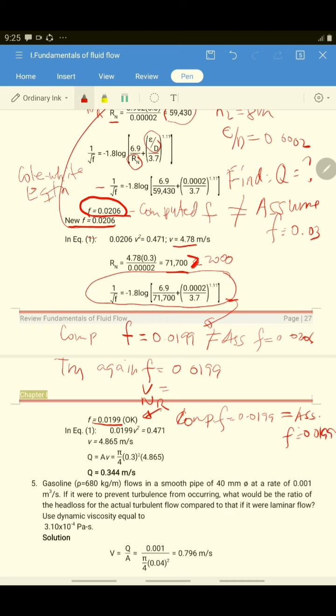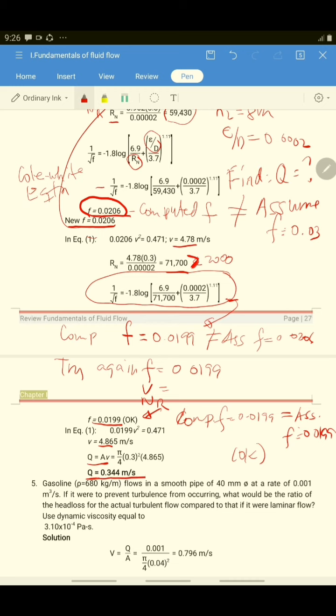That's the time you have to stop, meaning that the velocity is equal to 4.865 meters per second. Then substitute it to the formula, Q is equal to area times velocity. So the answer is 0.344.